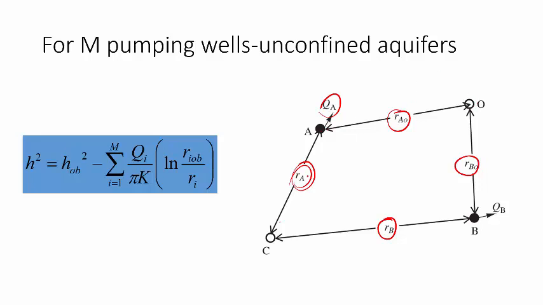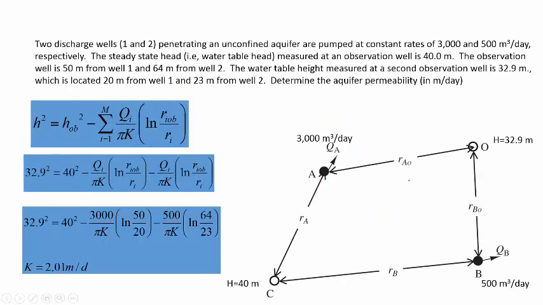So here we have from 0, the observation well, to A. Here you have the distance from B to the observation well, and here you have distance B to Z. And you can use different notations, but let's take a look at this problem. So what I've done is the same thing where you have the main equation and then you have to find what is what here. Okay?